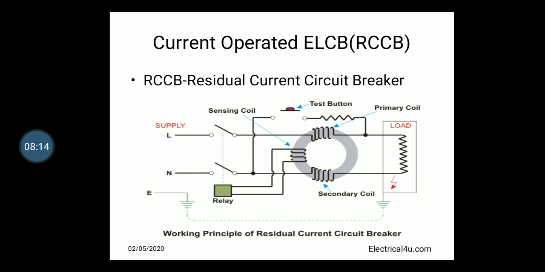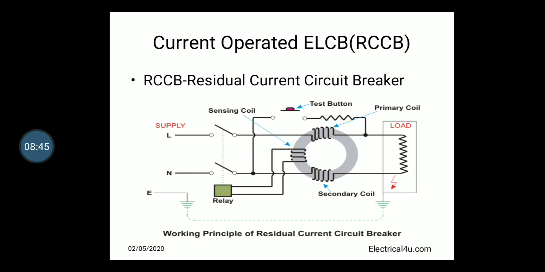You can also see the test button, which is at the outside of the earth leakage circuit breaker RCCB. This test button is provided for routine checkup of this RCCB. By pushing this test button, you can check the tripping sensitivity, or the tripping property of the RCCB, anytime.